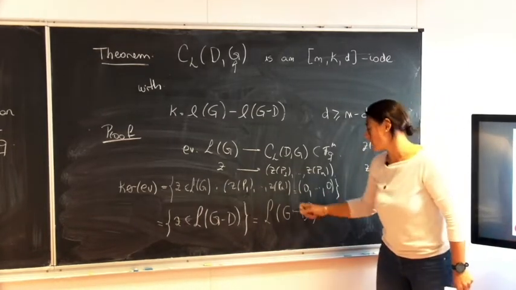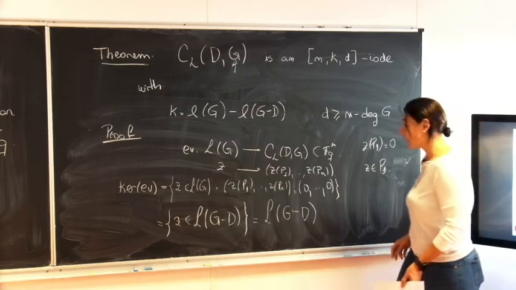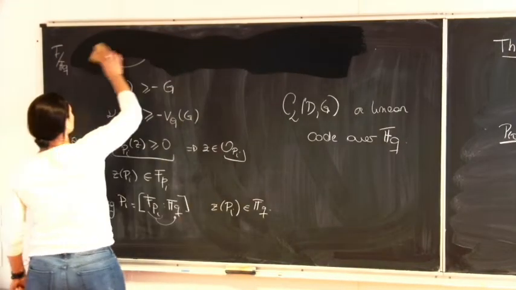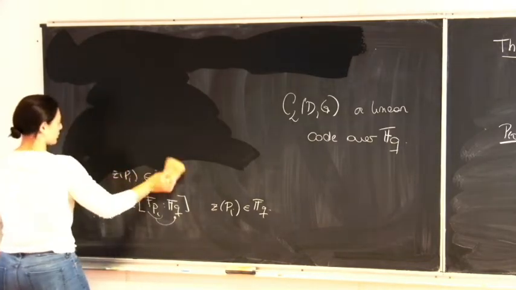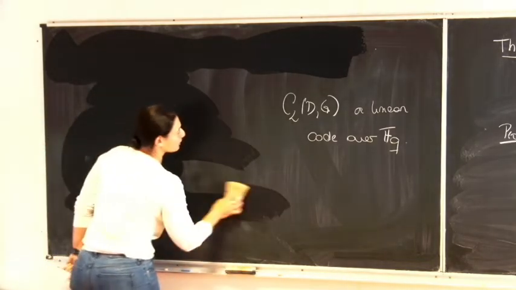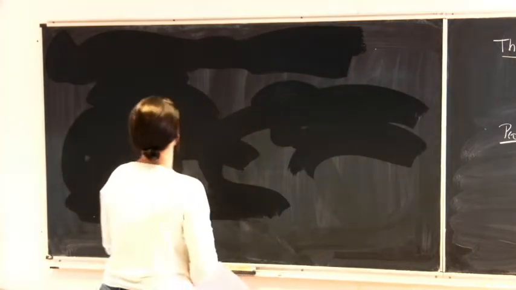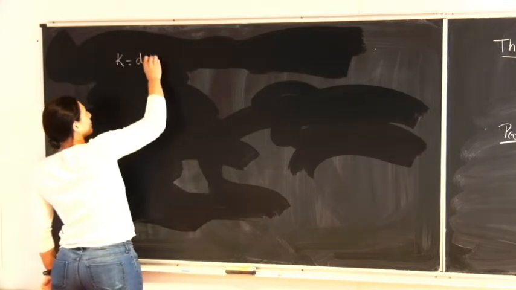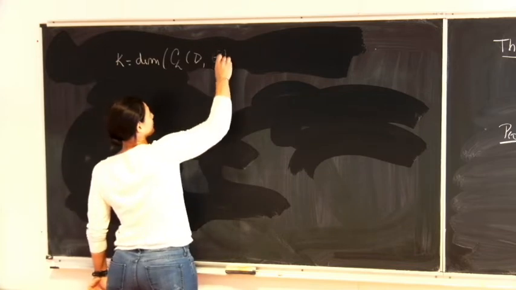So it belongs to this space, and therefore we had the first thing proved. Because now, if I know the dimension of the kernel, of course I have that k, which is the dimension of the code.